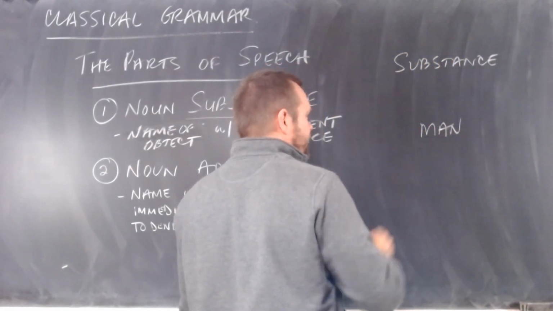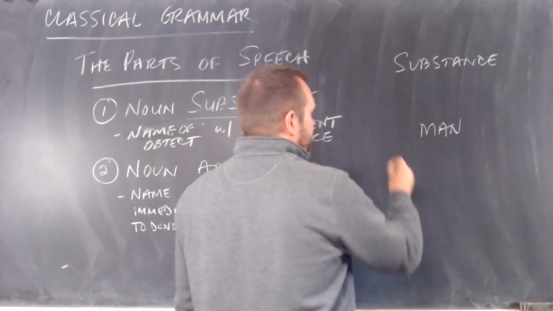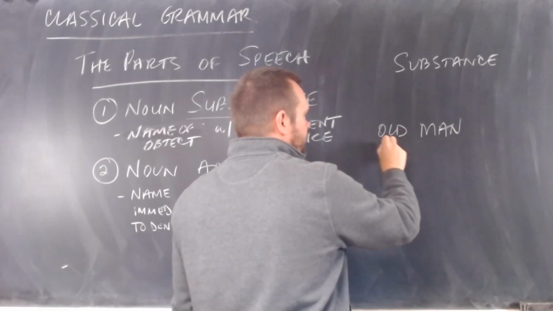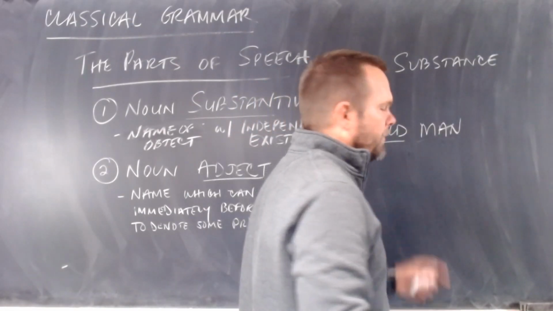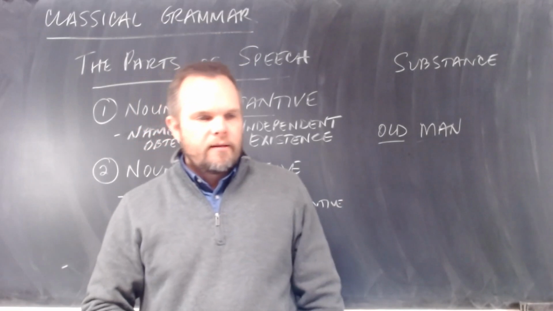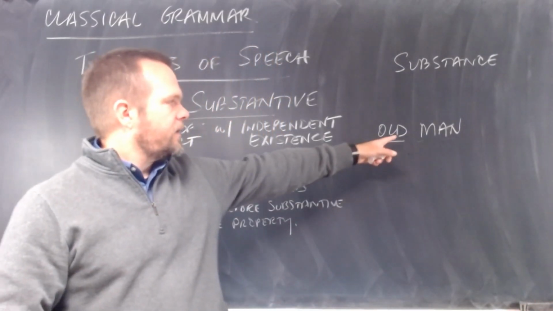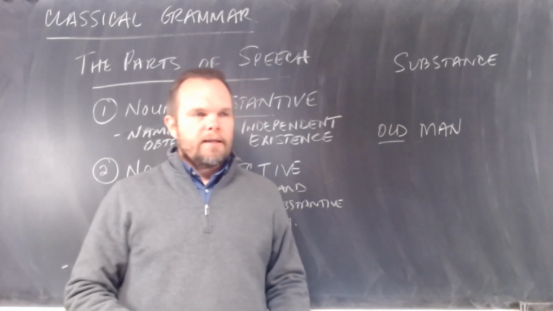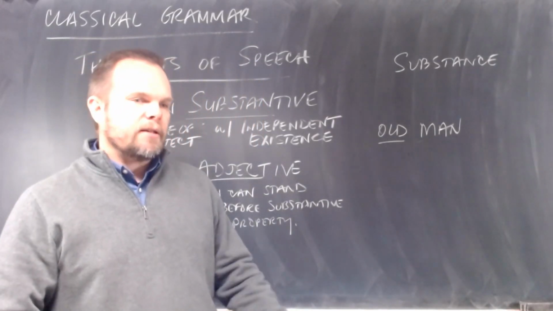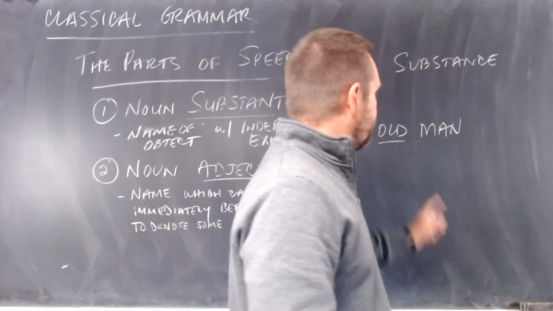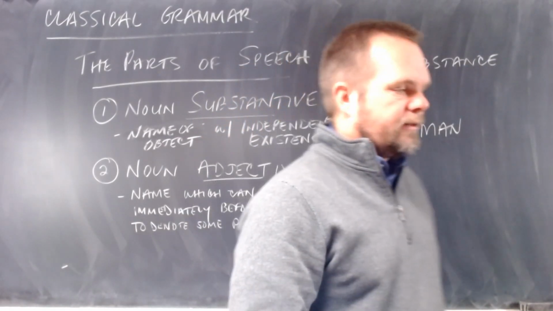So if I see the substantive noun man, I can add a word immediately before that substance. The name old denotes a property that we perceive to exist in a man. Old man, young man, tall man, short man, English man, Chinese man. Okay? That's an adjective.